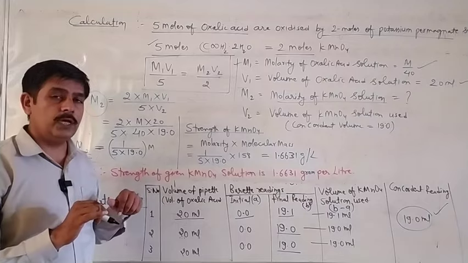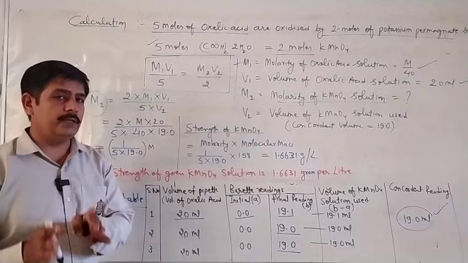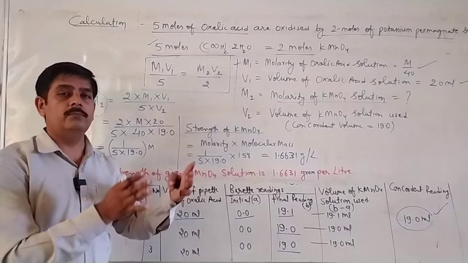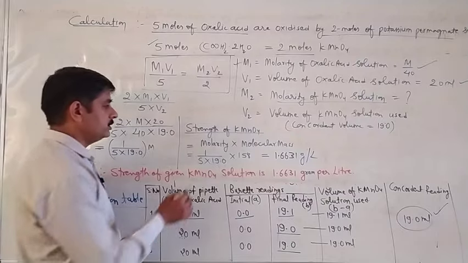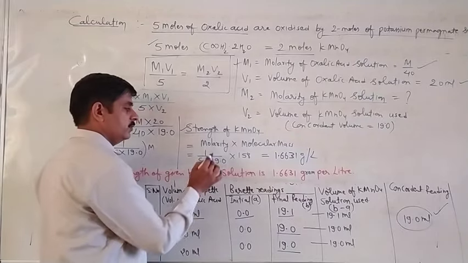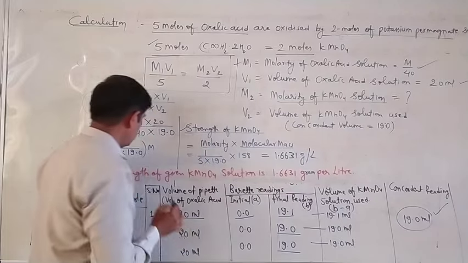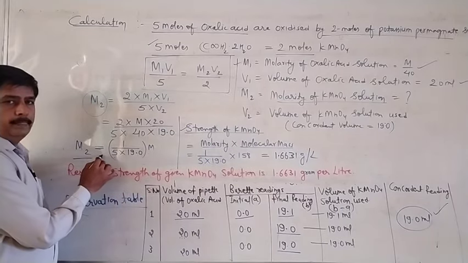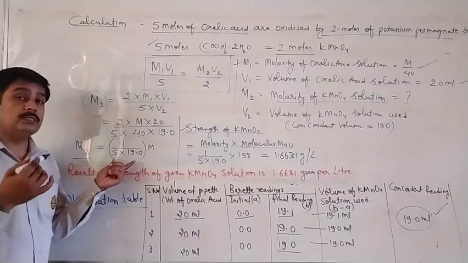But we have to calculate the strength of the KMnO4 solution. So how can we calculate it? If we multiply molarity with molar mass, we can find the strength. So the strength of KMnO4 solution equals the molarity of KMnO4 times the molecular mass. I didn't solve the molarity because we need strength.